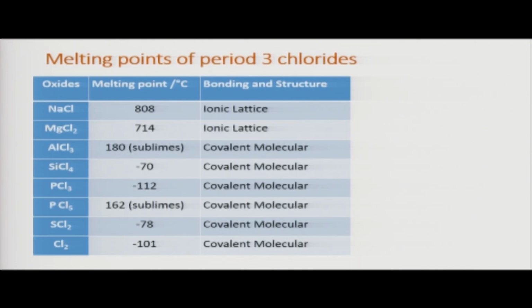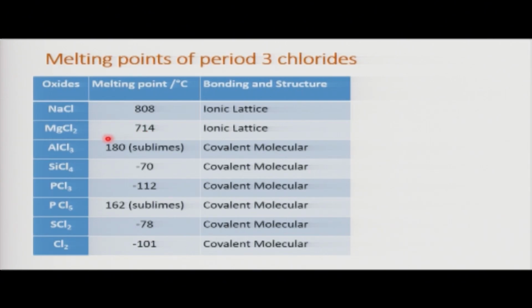If we go slowly, what do you notice as unique points in our melting point? First, you see sodium chloride having relatively higher melting point as regards magnesium chloride.